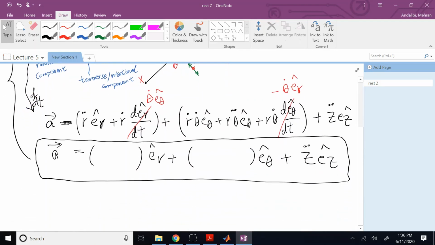Now, what terms have er in them? This one does, and this one does. So what are those? It is r double dot minus r theta dot squared.